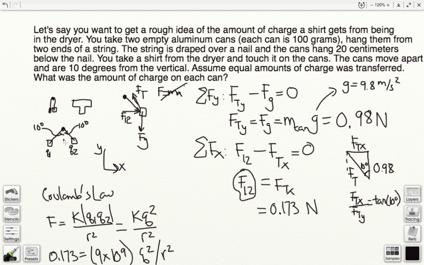I know that this distance here is 20 centimeters, which is 0.2 meters, converting centimeters to meters. So again, I can use trig to find this distance, and then I can multiply that by 2. I'll draw this out. We've got a similar triangle. I know that this here is 10 degrees, and this is 0.2 meters. So then I'm going to find that this is 0.035.